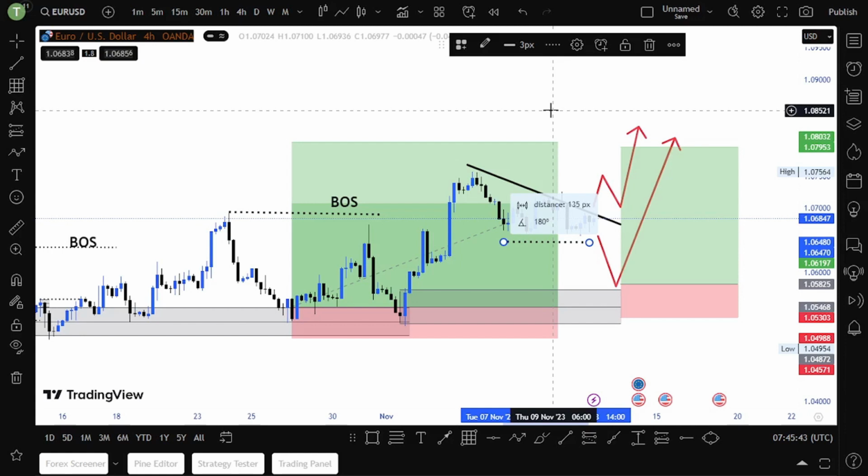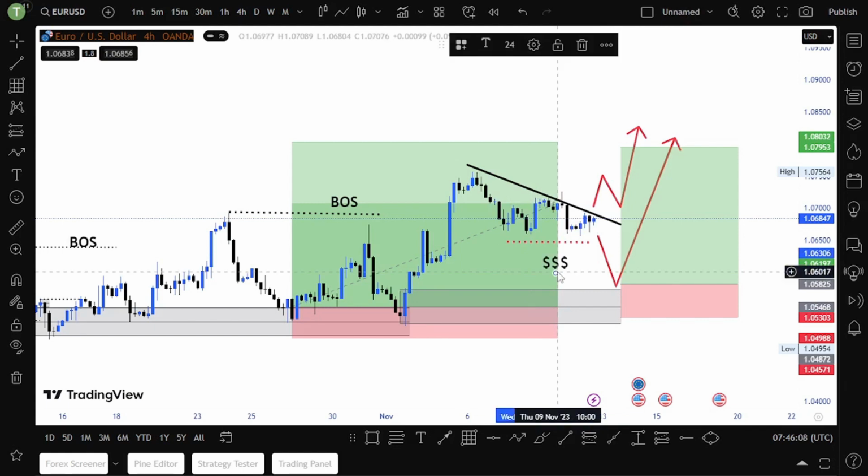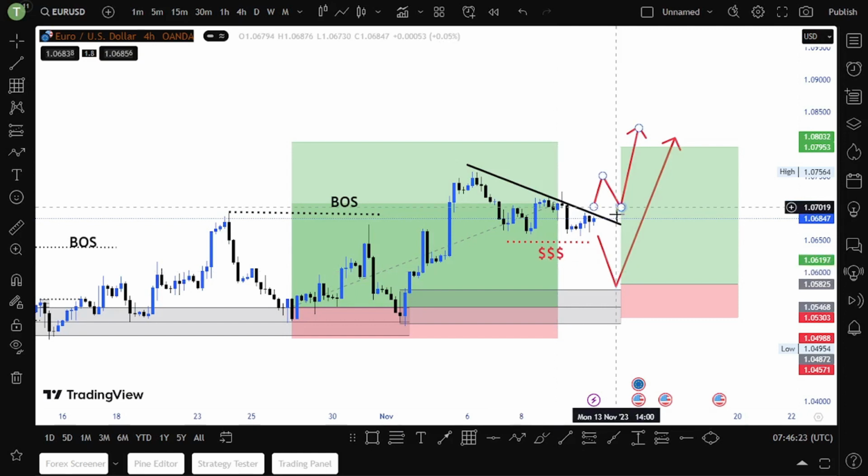That is where we target to enter once price goes below and grabs liquidity to the downside, and then we buy. So I'm just waiting for price to come and grab liquidity into this demand zone, and then we buy. Or we could just wait for a breakout and retest and then we buy. So that is my view on Euro USD, guys.